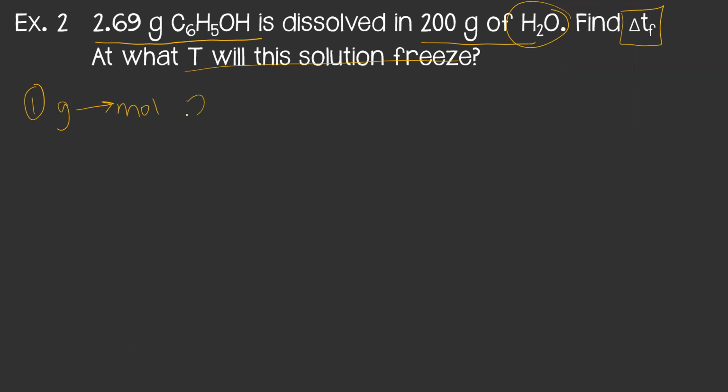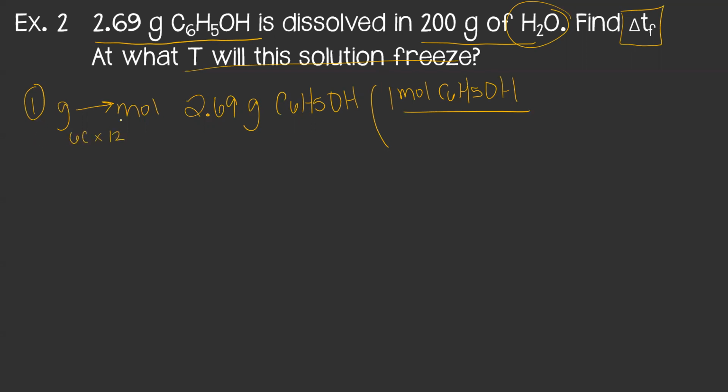So I'm going to take 2.69 grams of C6H5OH. 1 mole goes on the top. And what's my molar mass? Well, I have 6 carbons at about 12 each. I've got 6 hydrogens, 1 each, and I've got 1 oxygen at 16 each.